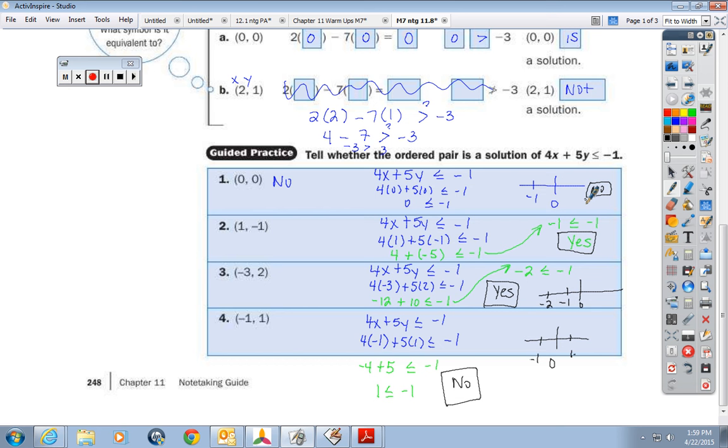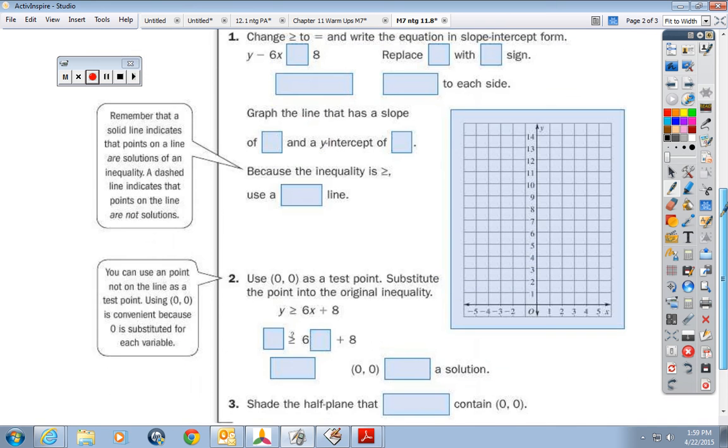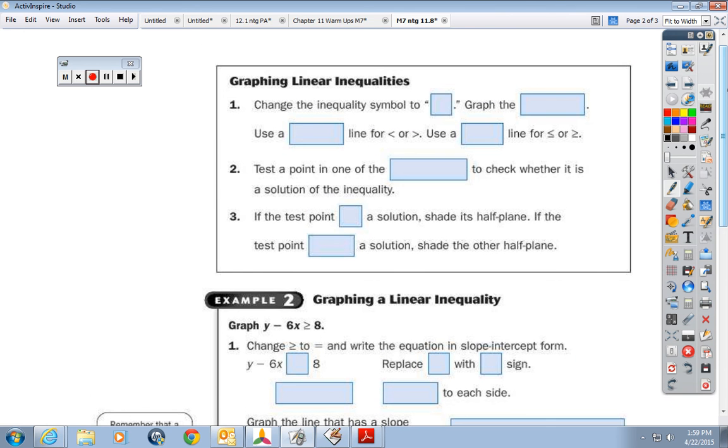Now, how do we graph an inequality? We graph it the same way as we would if it was an equal sign. So I'm going to actually change the inequality symbol to an equal sign, and I'm going to graph the equation. And then, here's the key.